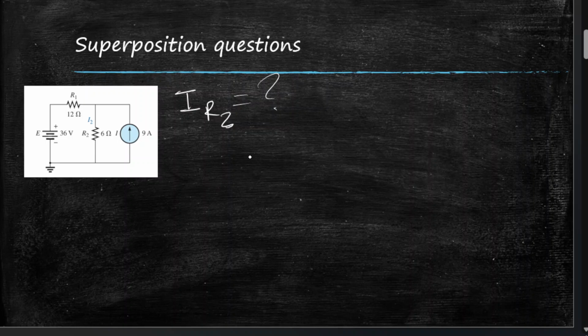So for ease of explanation, let's redraw the circuit, but eventually we'll have to learn to do it without redrawing, do it in our mind with some imagination power. It'll save us time. But now let's redraw the circuit. We will remove the current source because we want to analyze the voltage source.